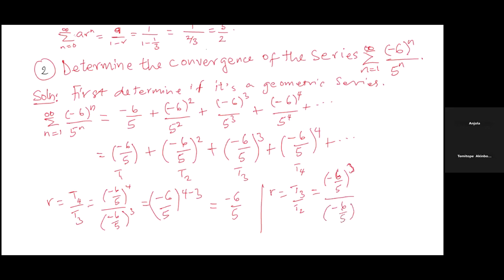And that will be minus 6 over 5 raised to power 3 minus 2. And that is 1. So you have minus 6 over 5. And that is what we have for T4 over T3.